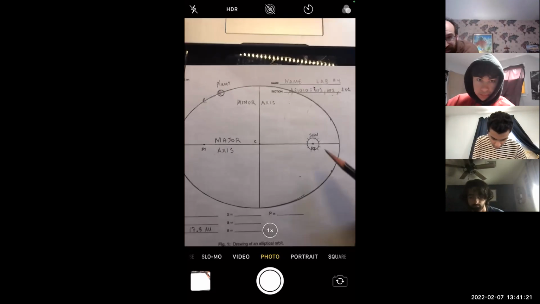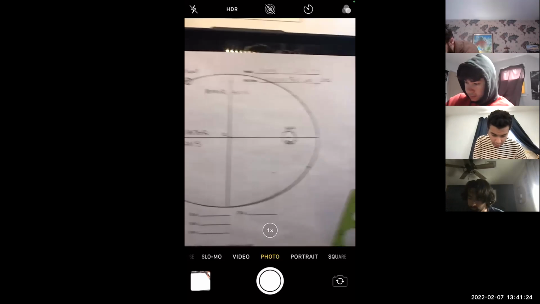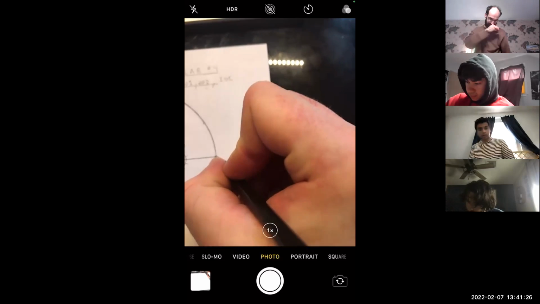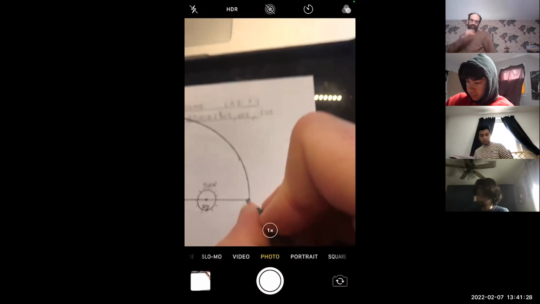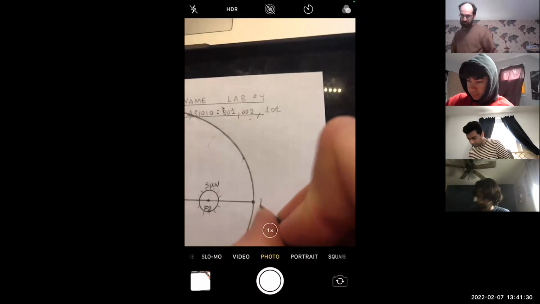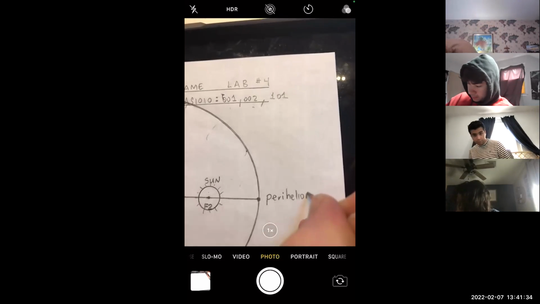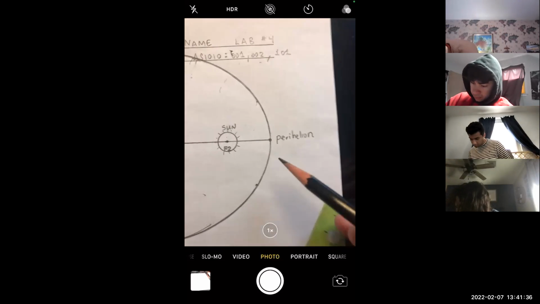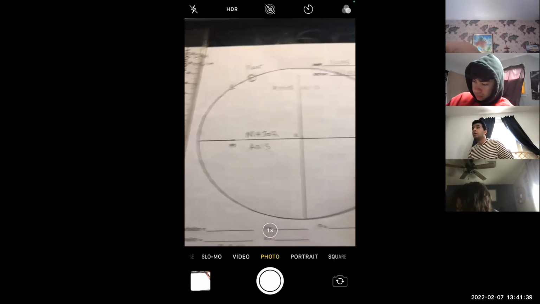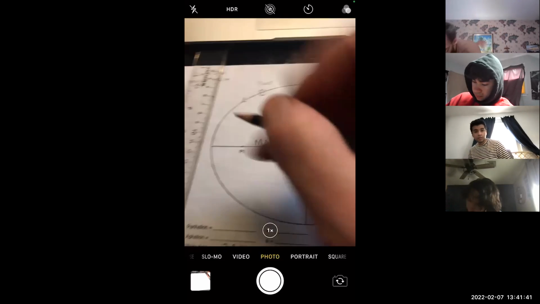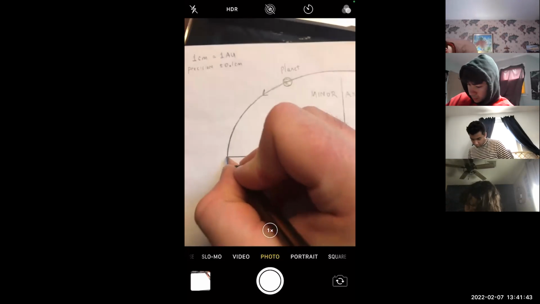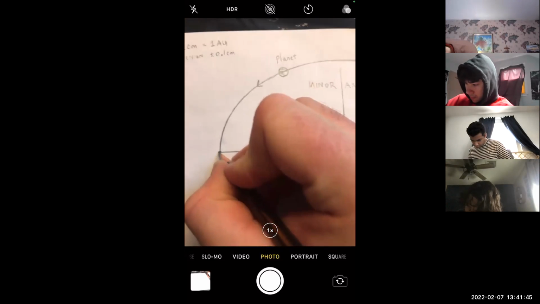Once I have the sun chosen, I can now identify this point. This is the closest approach to the sun in orbit. That is perihelion. And over here, farthest from the sun, that's the aphelion point. So I'll label that as well.